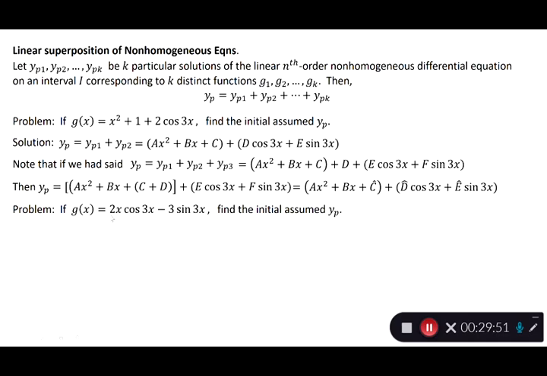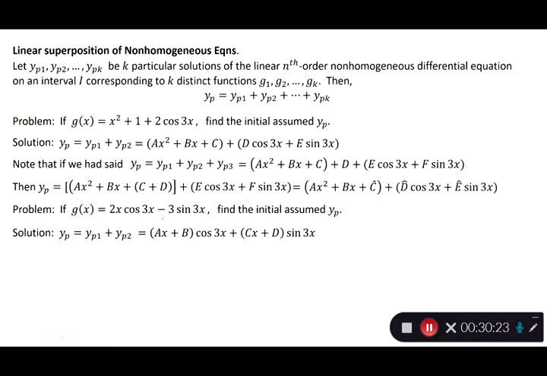Notice, we have a first degree polynomial times cosine 3x. So, would you agree we need to assume a first degree polynomial cosine 3x plus a first degree polynomial sine 3x just for 2x cosine 3x? So, that's what we'll do. A first degree polynomial ax plus b times cosine 3x plus a first degree polynomial cx plus d times sine 3x just to take care of this g1.